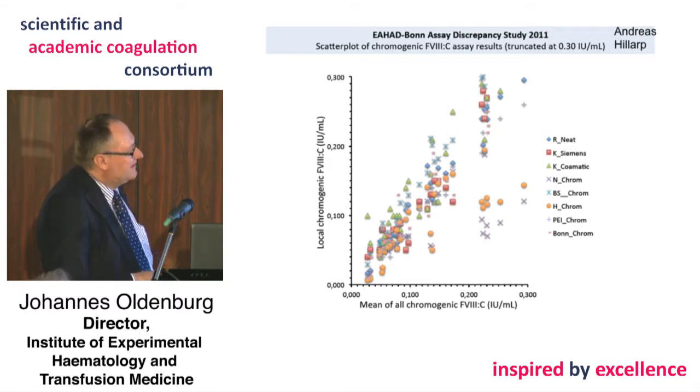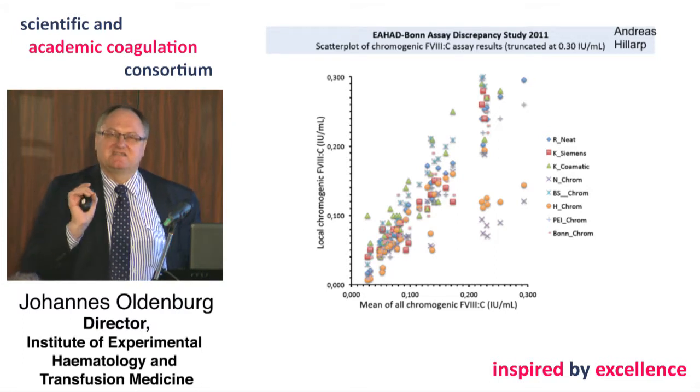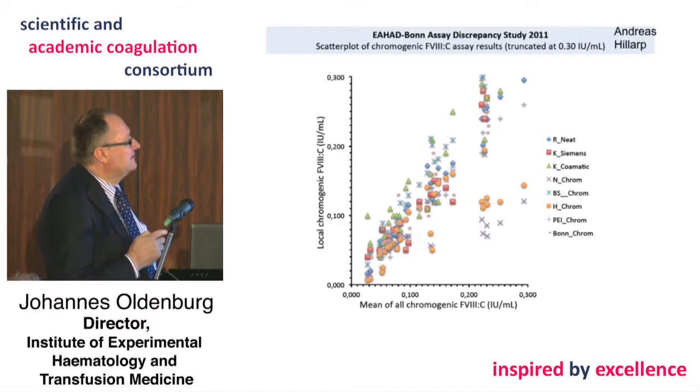And it can be clearly seen that some are very close to the mean, but some assays are either significantly higher or, as our Bonn assay, lower than the mean. And this is also shown here, where we have the mean value. So there is a huge variation that is laboratory dependent within the one-stage assays.